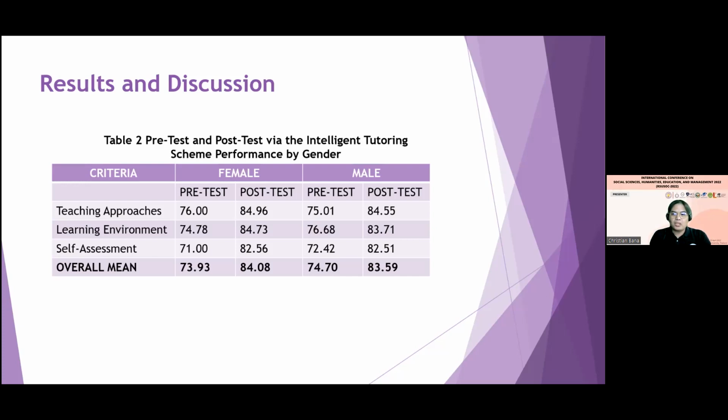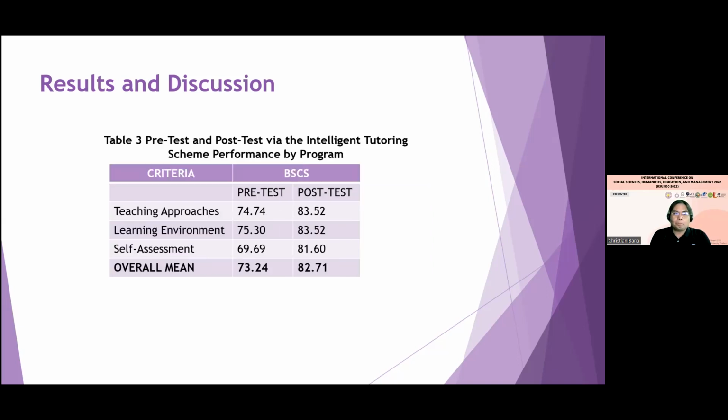So the performance of the female students shows more prominent improvement within the three categories, an increase of 10.15% from the pre-test to post-test compared to males, whereas males had an overall improvement of 8.89% from the pre-test to post-test under the three categories.